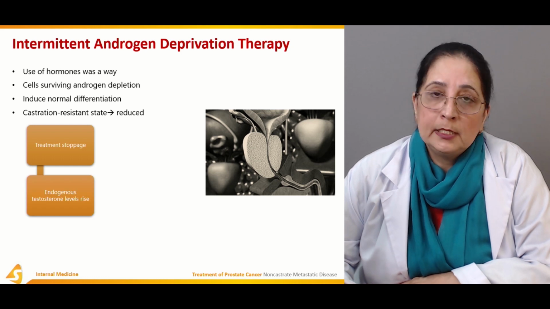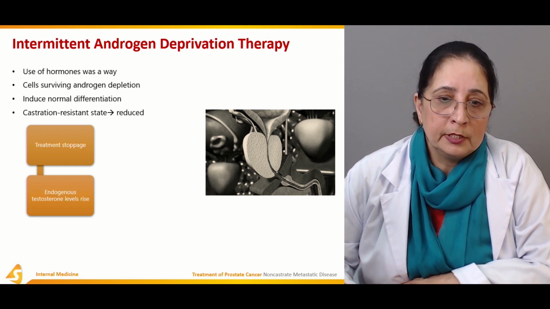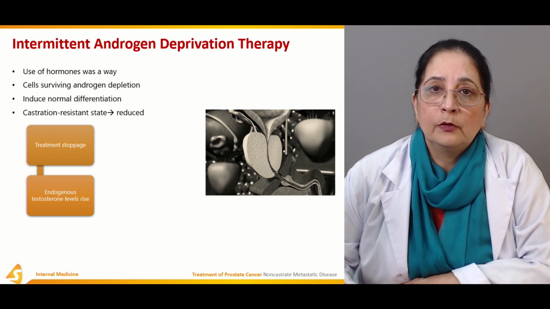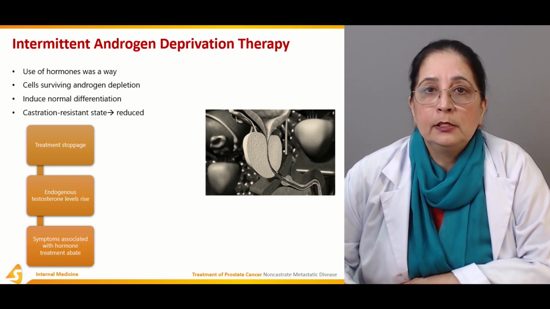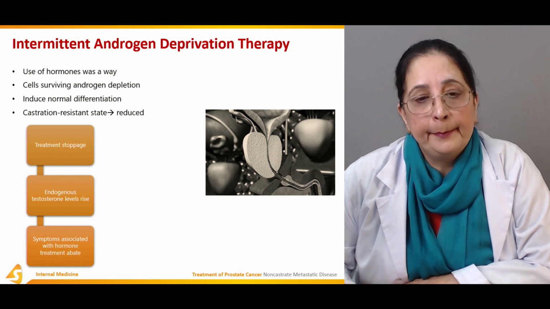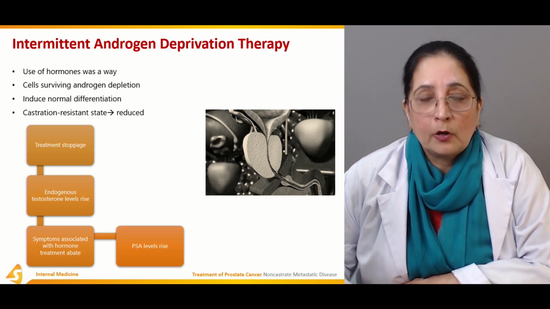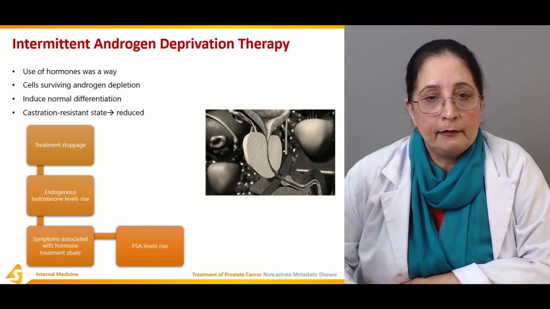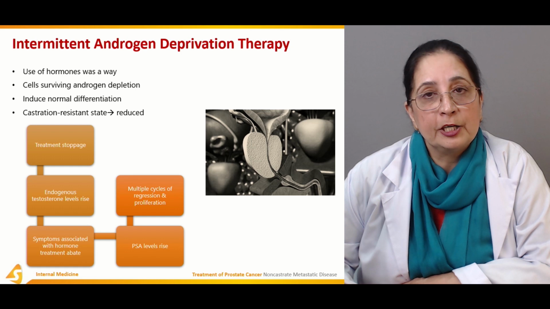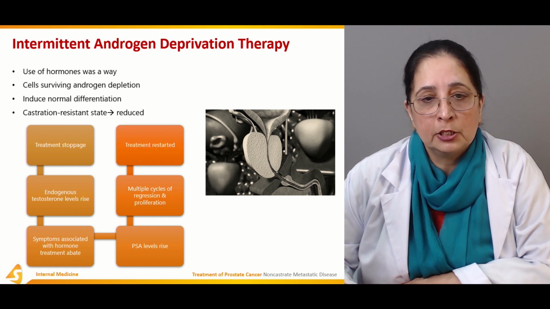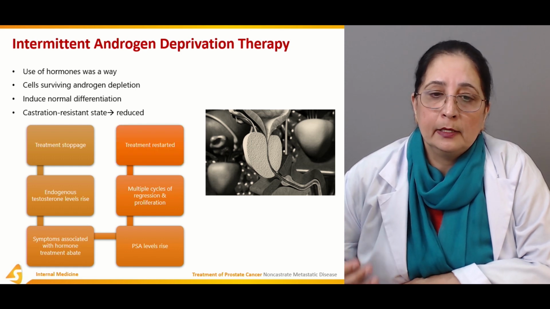Treatment stoppage is done if endogenous testosterone levels rise and symptoms associated with hormone treatment abate. Then when the prostate specific antigen level increases, with multiple cycles of regression and proliferation, treatment is restarted.